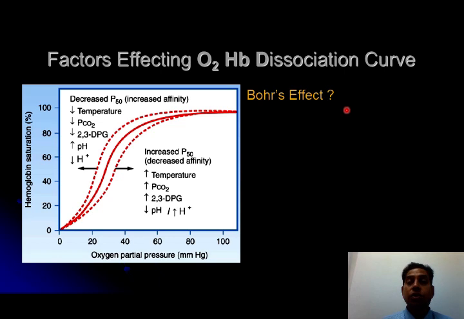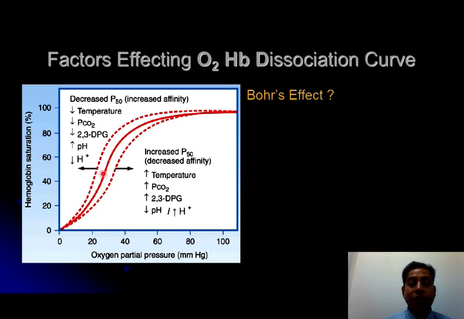So what is the Bohr effect? If you see this curve, which is the normal oxygen hemoglobin dissociation curve, this moves to the right because of an increase in the P50. What is the P50? P50 is the partial pressure at which 50% of the hemoglobin is saturated. This is normally at a partial pressure of 27 millimeters of mercury.